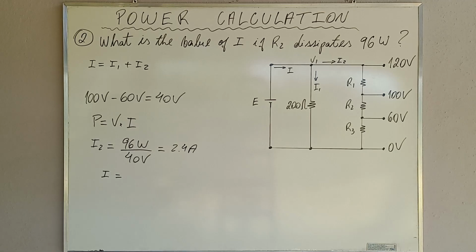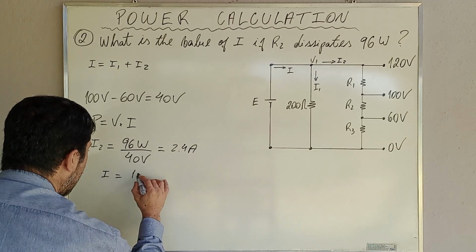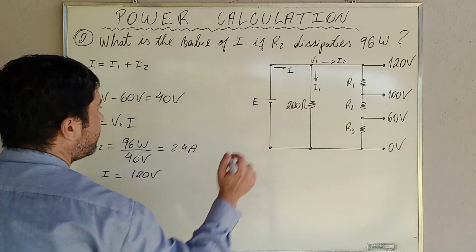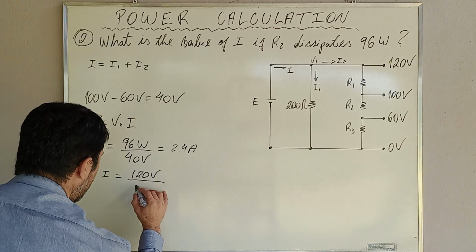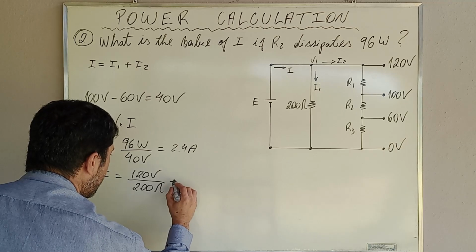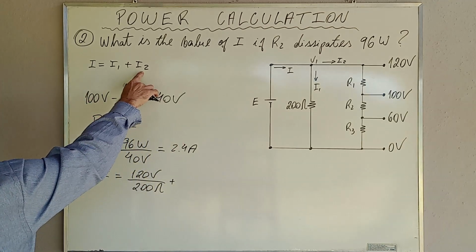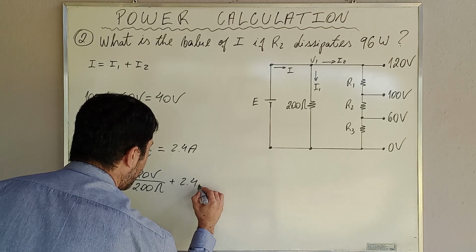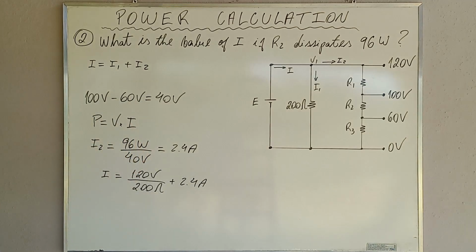It is the voltage of the node, 120 volts divided by the resistance, 200 ohms, plus I2, 2.4 amps. Now it is easy, simple mathematics.